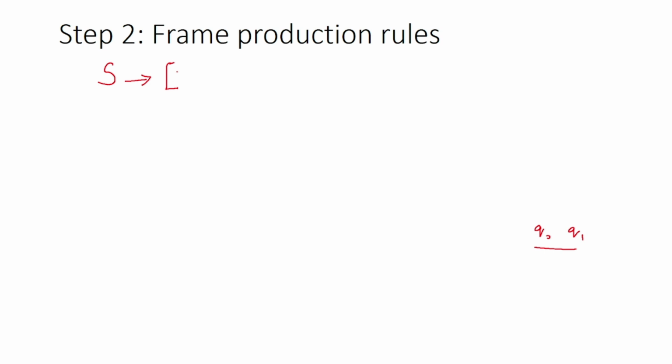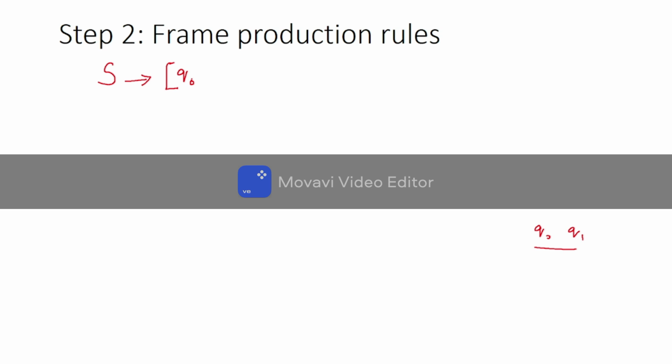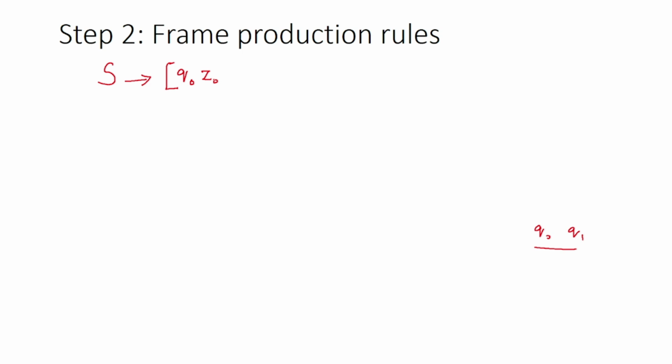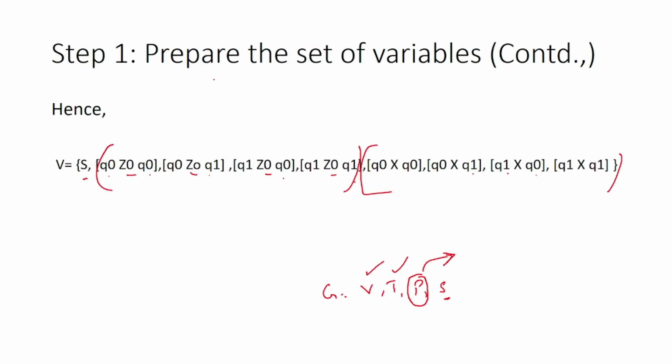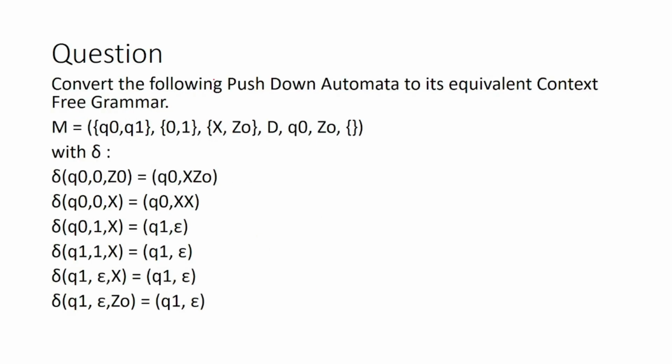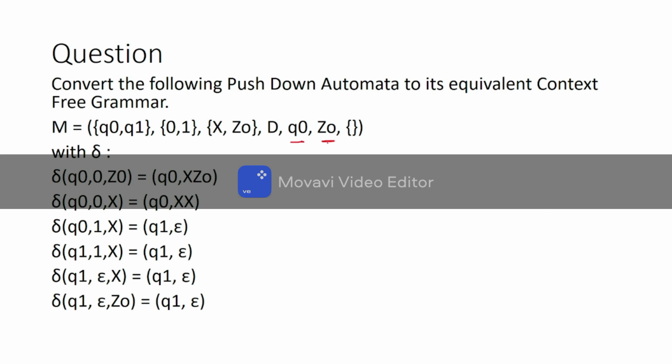So, the first component is going to have q naught, since q naught is the initial state, and the second component is usually going to have the stack symbol, and here we are going to place z naught, since z naught is the initial stack symbol. See, from the question itself they have given it, right. So, in the question they have given us z naught as the initial stack symbol, and q naught is the initial state.